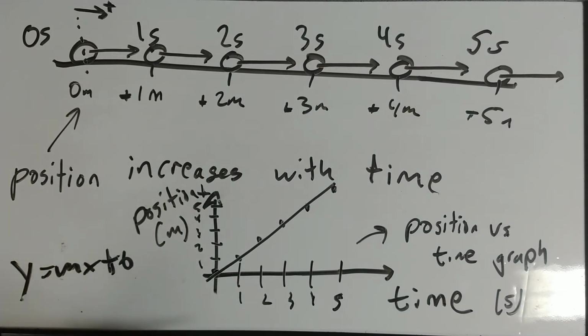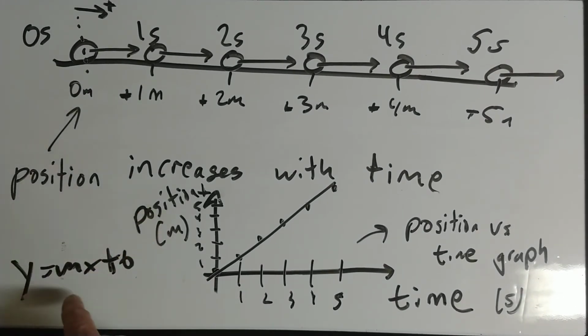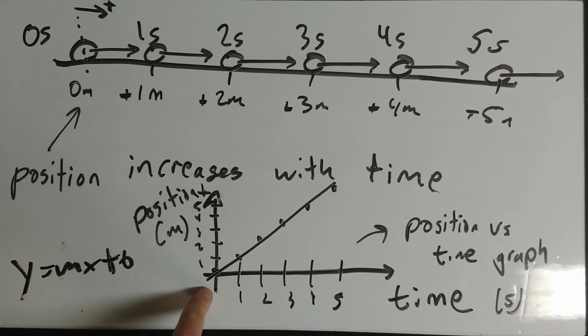What does y equals mx plus b mean? Well, we're going to do a little lab. Y is position, x is time. The position of the object equals the slope of the line, multiplied by the time, plus b, the y-intercept.